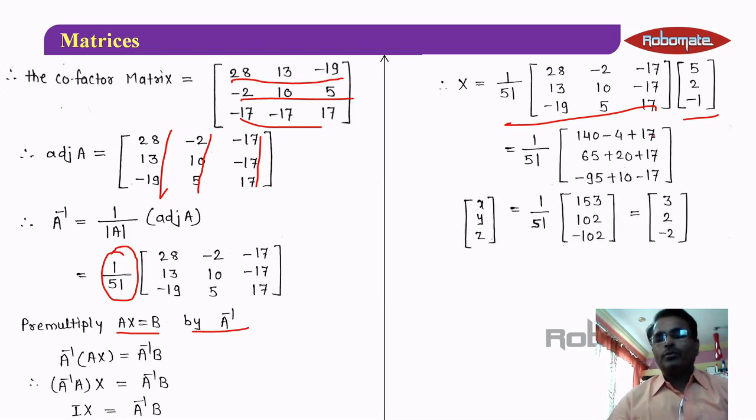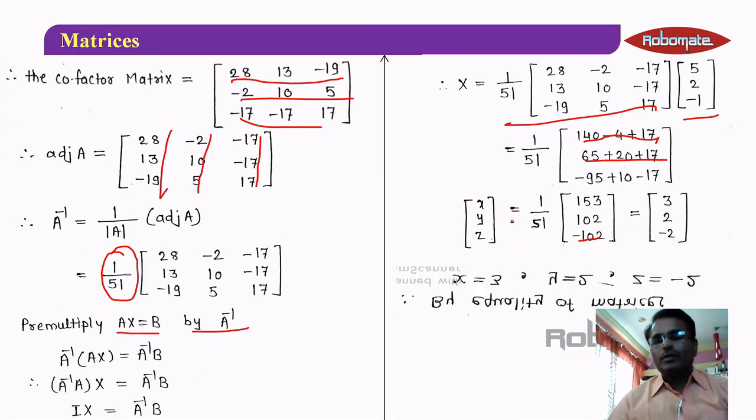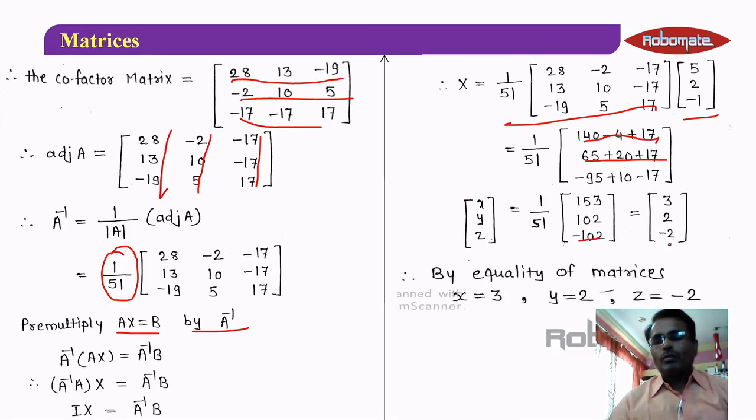And therefore the values x, y, z equal 1 by 51 as it is, but these values give 153, 102, and minus 102. So your solution x, y, z is equal to 3, 2, minus 2.